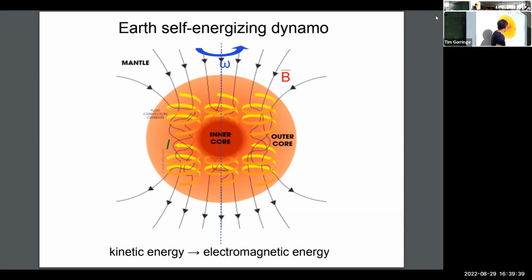Now, it's a little bit complicated here, but it's not a disk rotating in a magnetic field. It's a sphere, a hollow sphere of liquid iron rotating in the field. And you see these interesting paths that the currents are taking. We're viewing this picture as if we're in the Earth's reference frame.